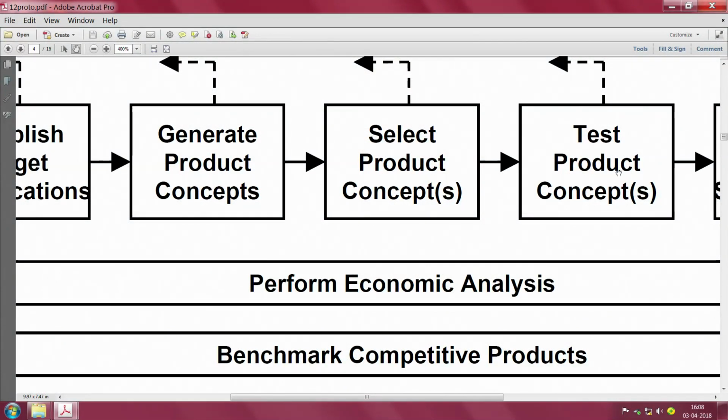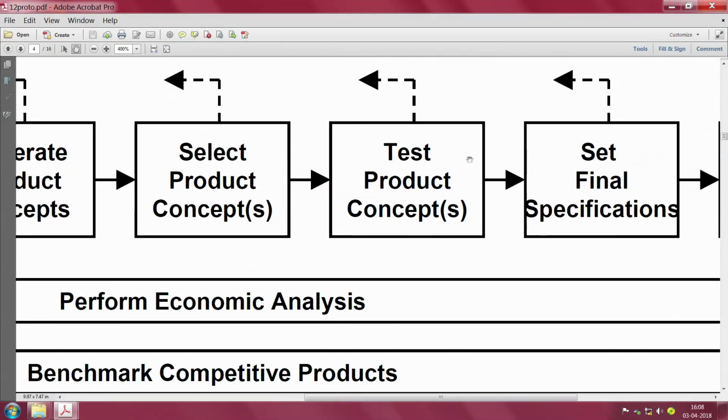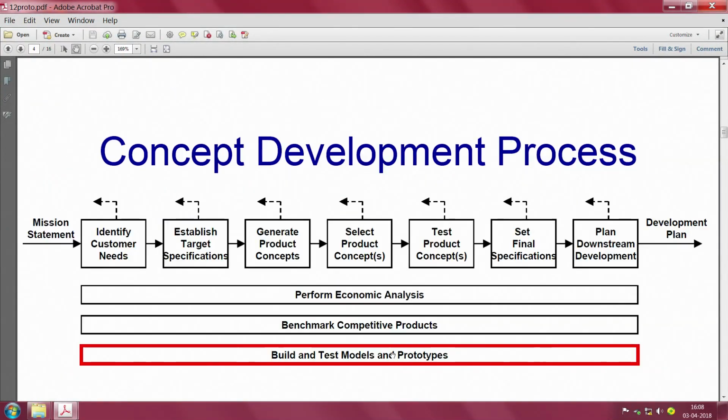Now, this is where our whole issue of selecting product concepts comes about. Somebody has to go out of the way to test these product concepts. You see here, they are not easy. Then set final specifications. This is where we come to build and test models and prototypes. What looks very easy?